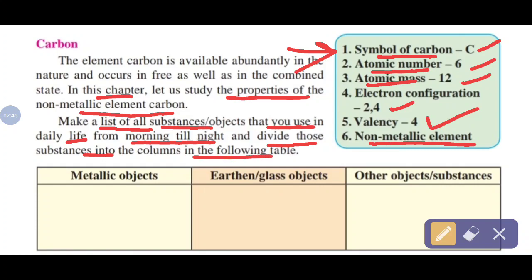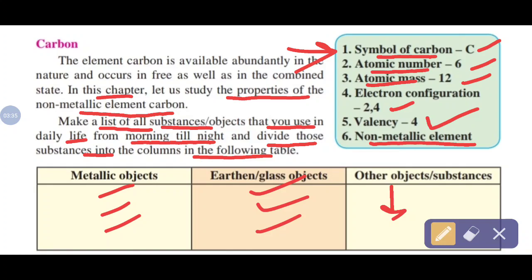Write metallic objects in the first column, like a spoon, glass, even the key of our vehicles, even the compass in our compass box, etc. Earthen or glass objects you enter in the earthen column. Except these metallic and earthen or glass objects, write all remaining ones in the last column, that is other objects or substances. So we are writing here foodstuff, clothes, medicine, fuels, wooden objects, etc.